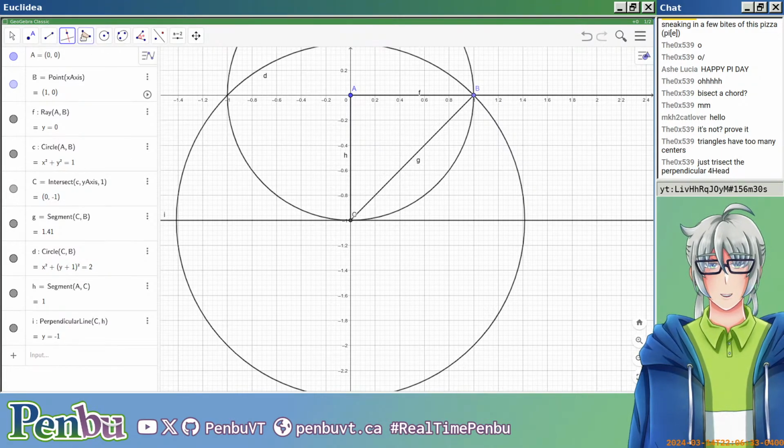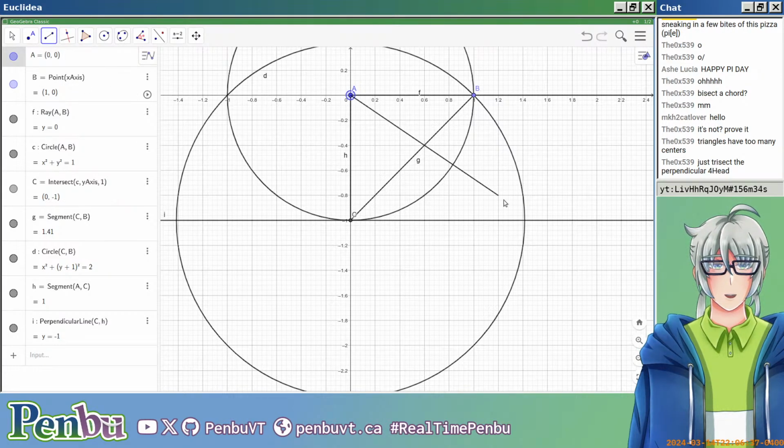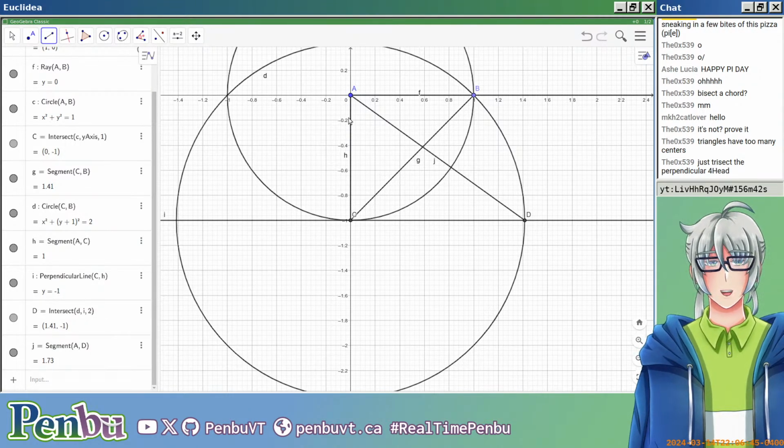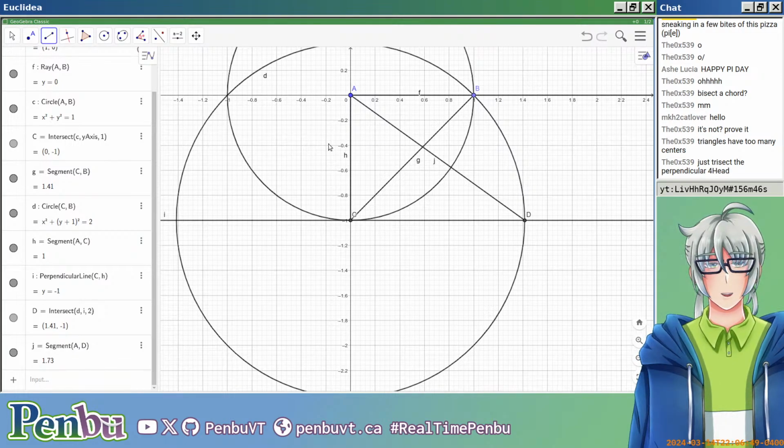And so this segment here, the hypotenuse, is now the square root of 3, because the Pythagorean theorem says that a squared plus b squared equals c squared, a being 1, b being the square root of 2.